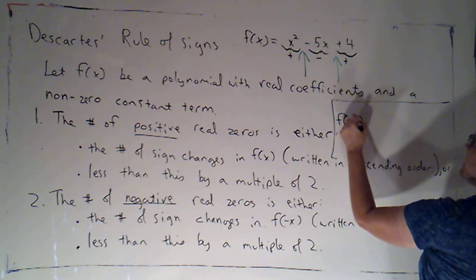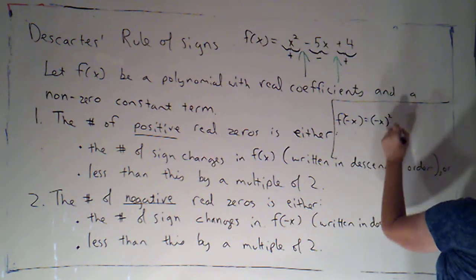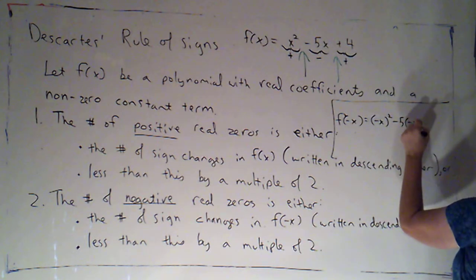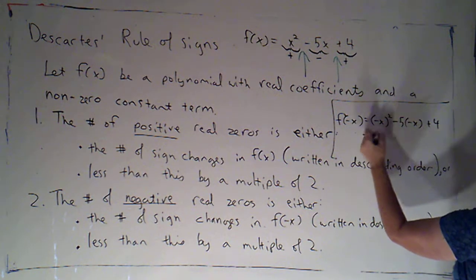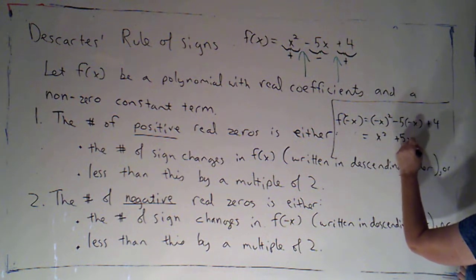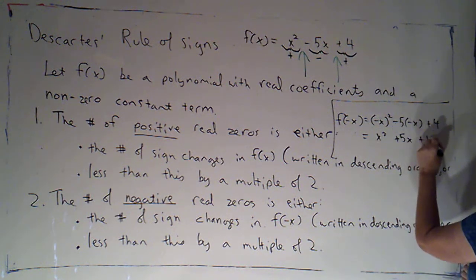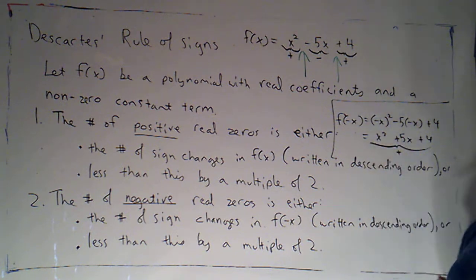F of the opposite of x would be the opposite of x squared minus 5 times the opposite of x plus 4. Now, that's just x squared. This is going to become plus 5x and then plus 4. All of those terms are positive.